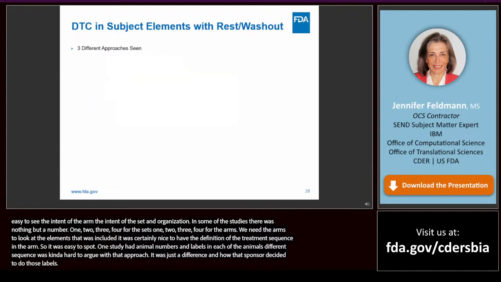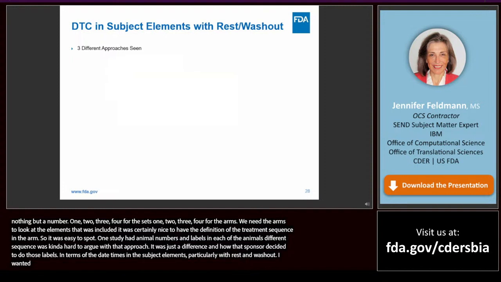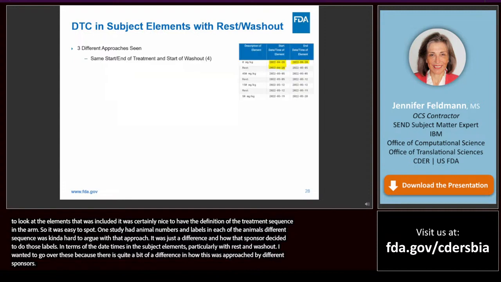Now, in terms of the date times in the subject elements, particularly with rest and washout, I wanted to go over these because there was quite a bit of difference in how this was approached by different sponsors. We saw 3 different ways of putting date times in the subject elements.